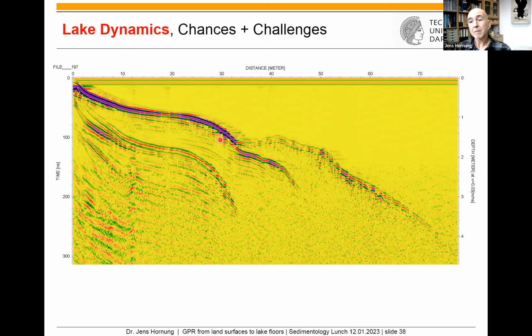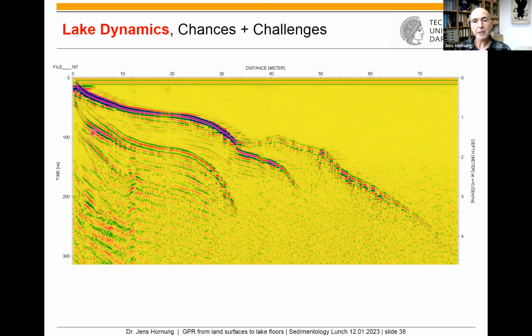There is a different wave level recorded here, so a sunken coastline here. So not bad, but there are also some issues. We have, for example, waves on the surface, and when the boat is moving up and down, we have this also in the data here. These are the waves, so we have multiple reflections.